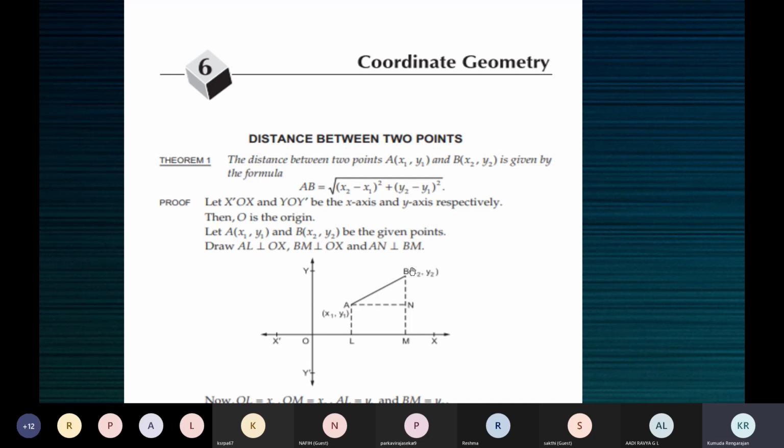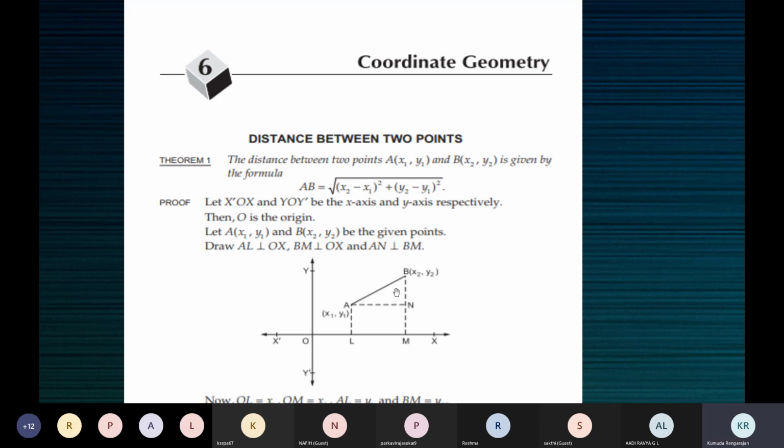This formula is derived using Pythagoras theorem, because we need to find the length of this line segment AB, which is the hypotenuse of this right triangle. Pythagoras theorem says AN square plus BN square is equal to AB square. So using Pythagoras theorem, we are going to find the length of the line segment AB in terms of x1, y1, x2, y2.